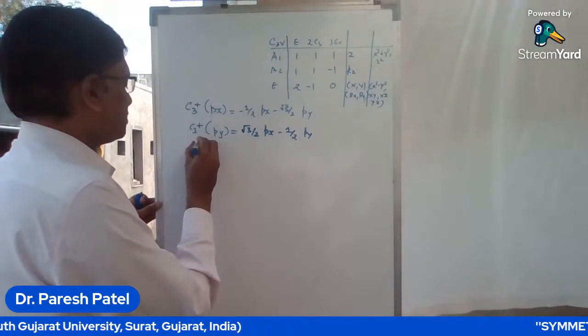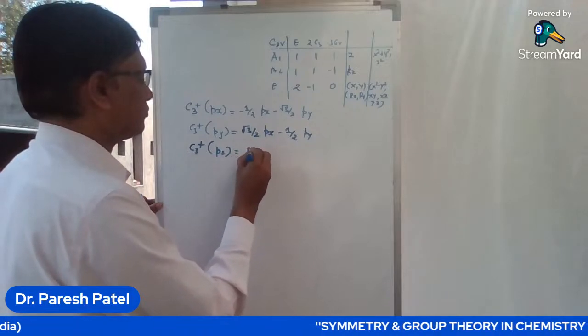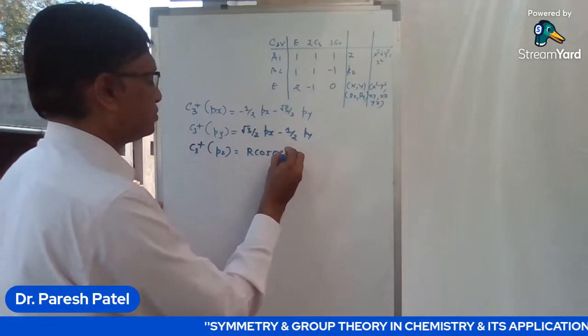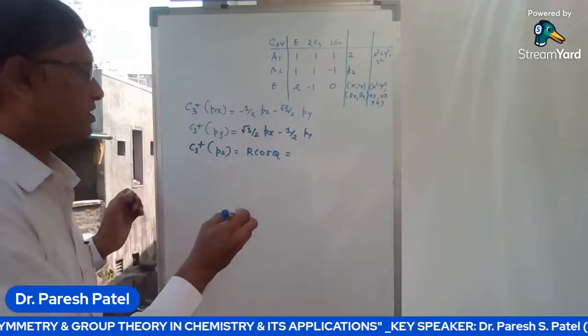Similarly, if we operate C3 plus on pz, which is r cos theta, there is no change in the pz.